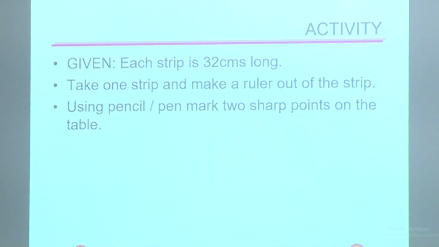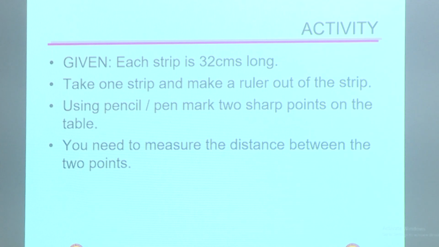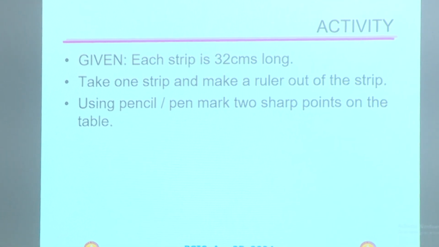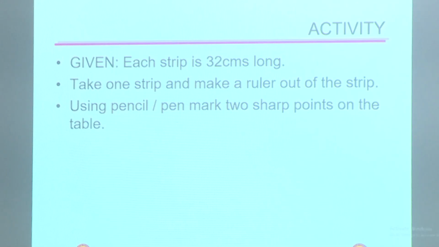Mark it. Yeah. So mark the ridges, please. Mark the ridges fast. Lunch is now getting over.